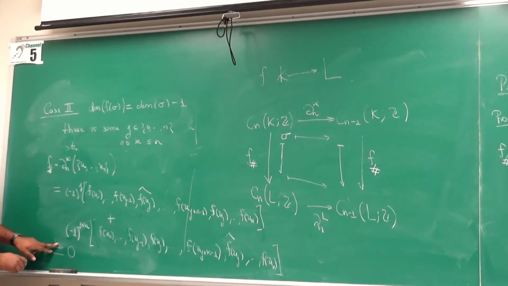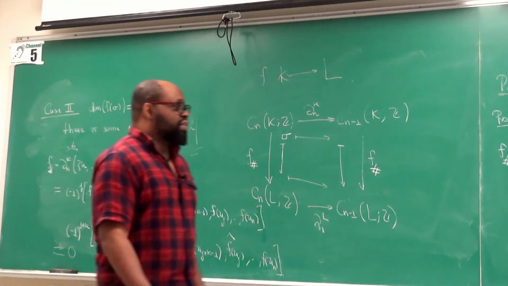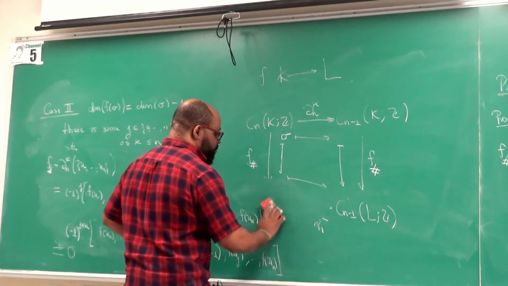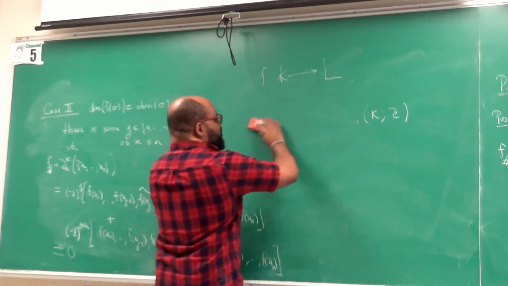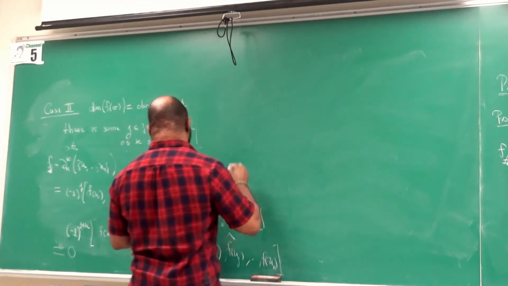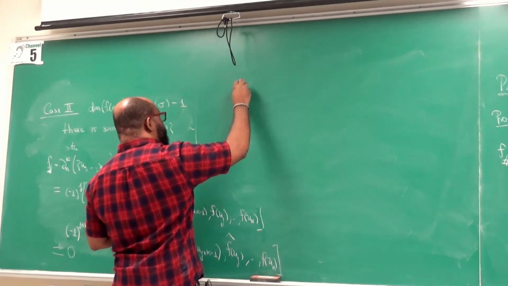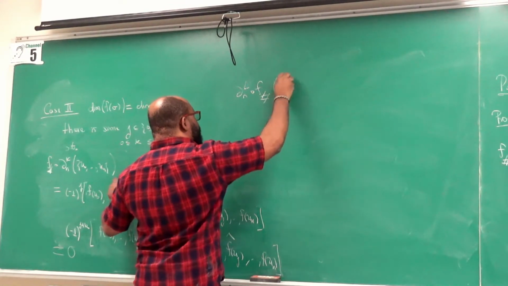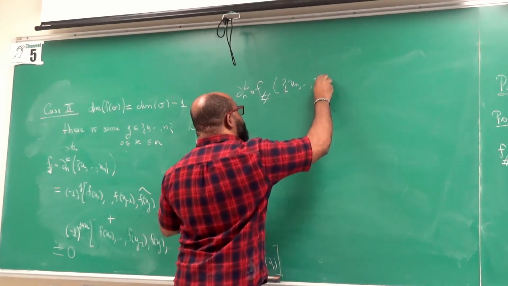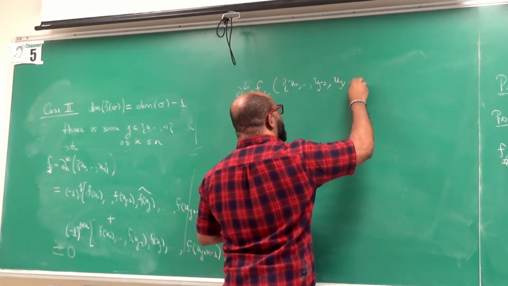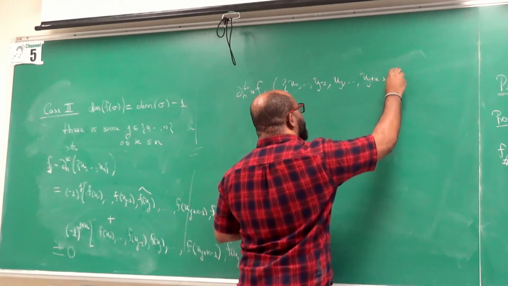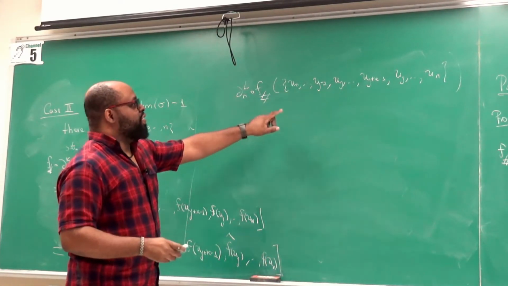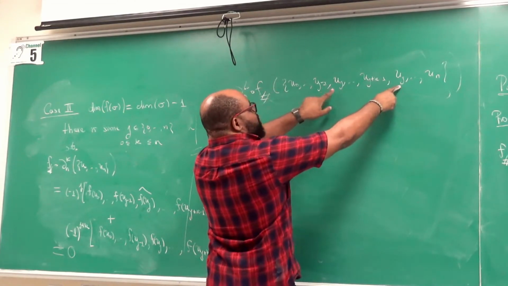This side over here makes it 0. Now, if you look at this other side, if you look at the other dn composed with f sharp of u0, uj minus 1, uj, uj plus k minus 1, uj, un, then this is 0 to begin with because you have these two guys repeated here.